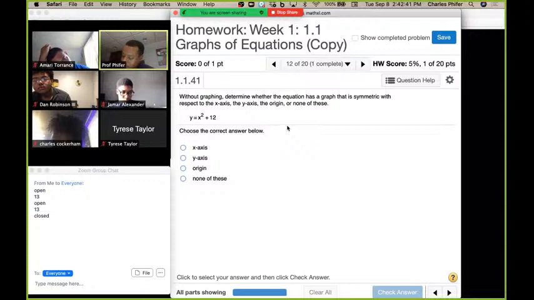This is question number 12, and that comes from 1.1, question 41. Okay. So I'm going to say test for symmetry. And we have y equals x squared plus 12, right?